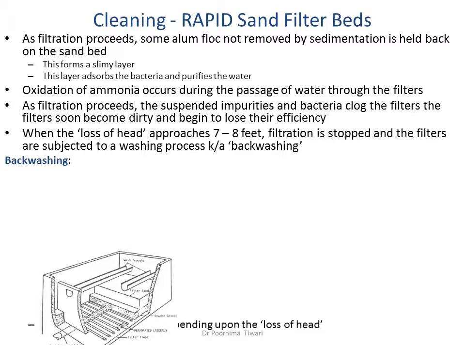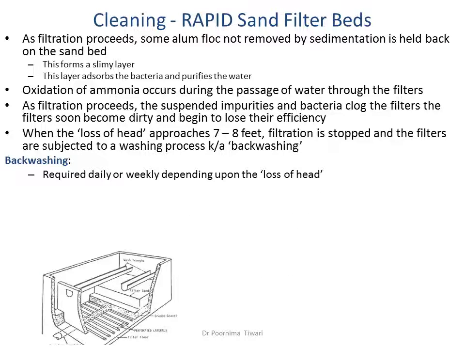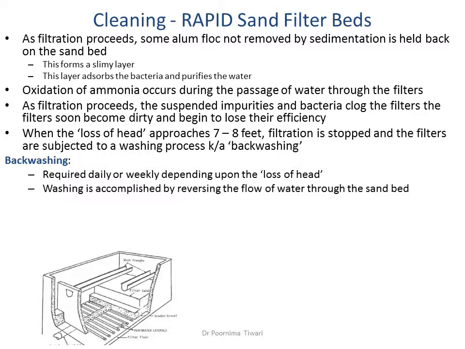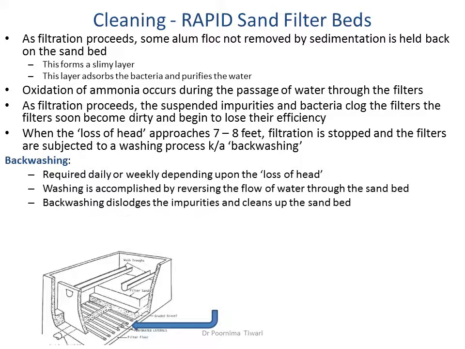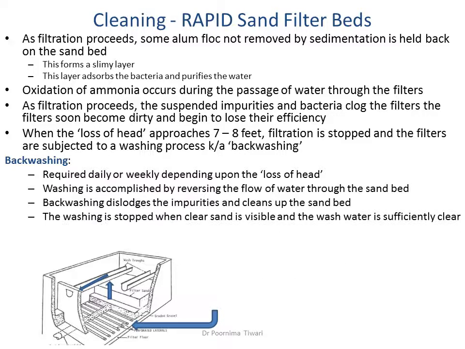Backwashing may be required daily or weekly depending upon the amount of water and the loss of head. Washing is accomplished by reversing the flow of water through the sand bed. Backwashing dislodges the impurities and cleans up the sand bed. The washing is stopped when clear sand is visible and the wash water is sufficiently clear.